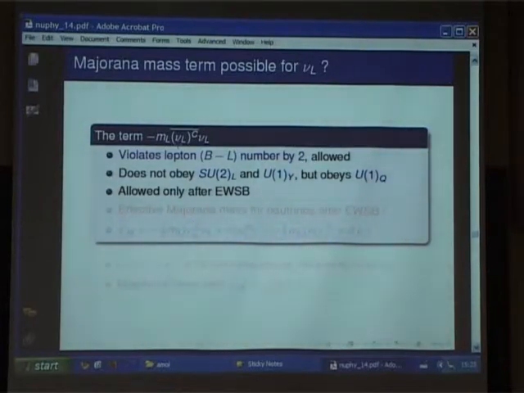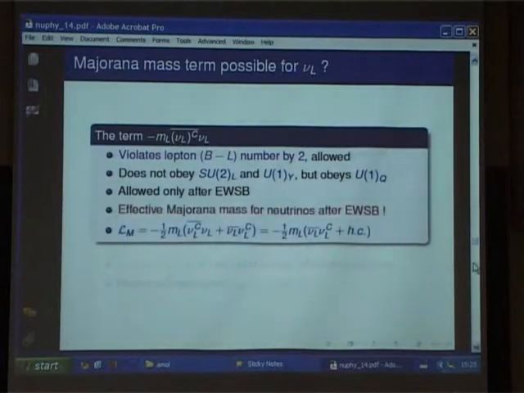So therefore, you can have an effective Majorana mass for nu_L. However, that is only after electroweak symmetry breaking. nu_R can have a Majorana mass anytime. You can't prevent it. For nu_L, you can have an effective Majorana mass only after you break electroweak symmetry.